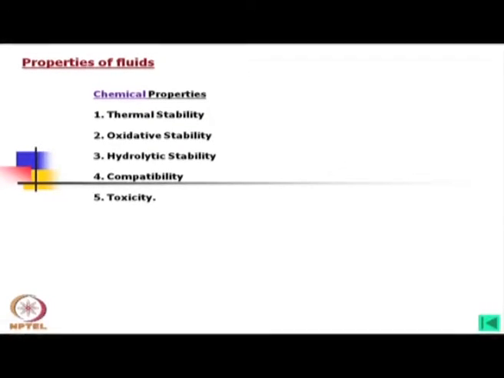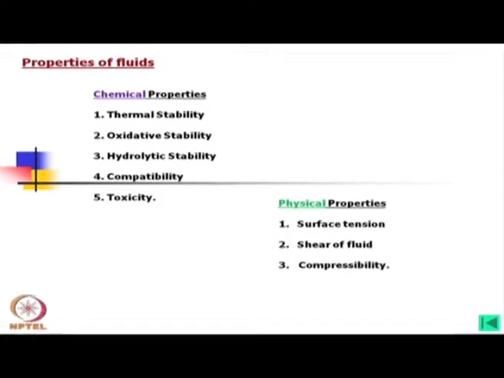As well as perhaps we can consider that if there is a slight variation from the actual requirement, actual composition of the oil, still we should get the performance. Now, fifth point is toxicity, which I have already discussed. Then physical properties, one is the surface tension.